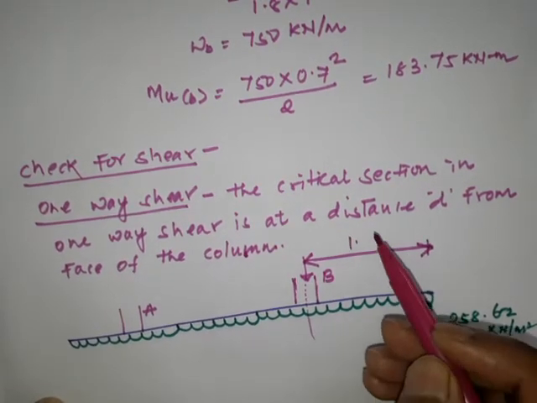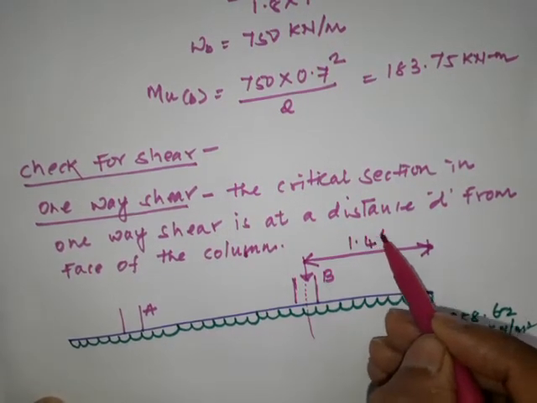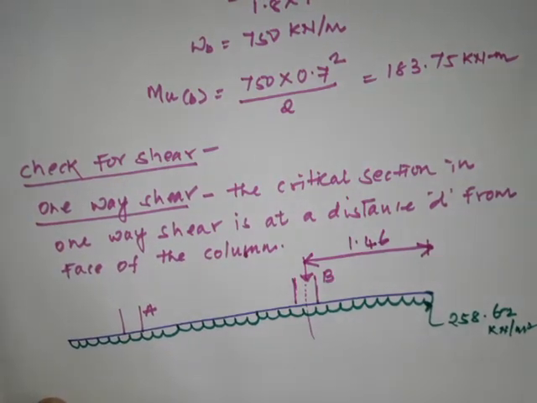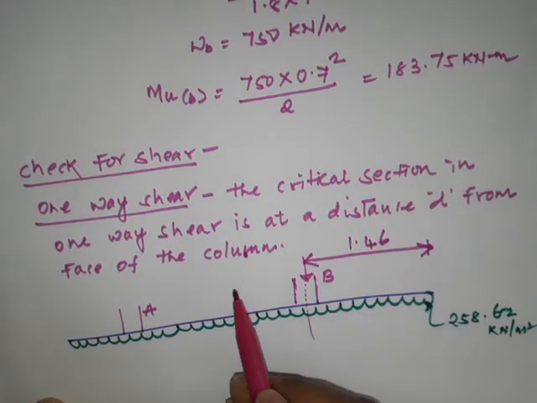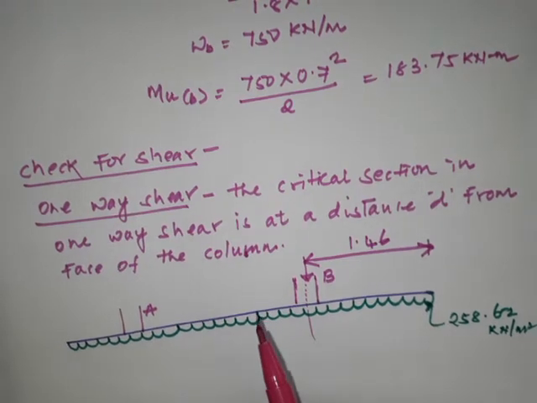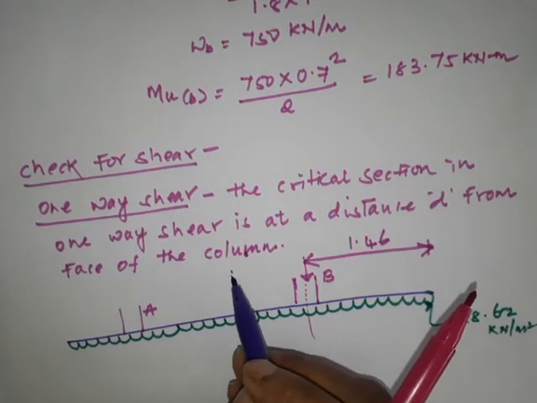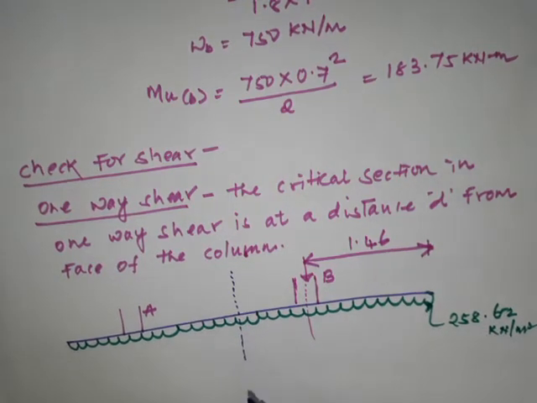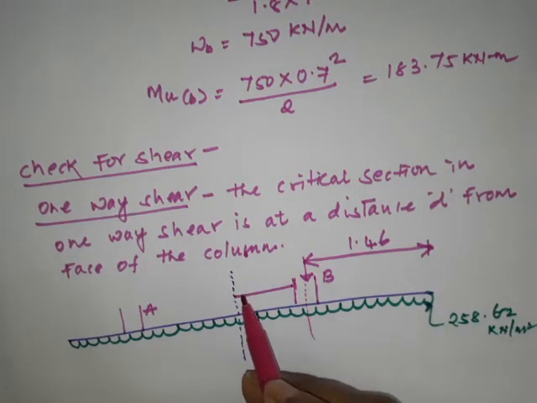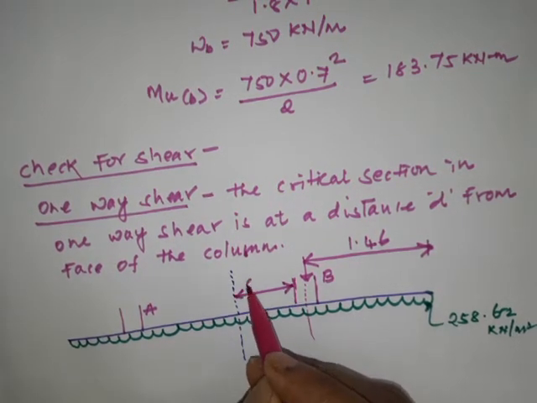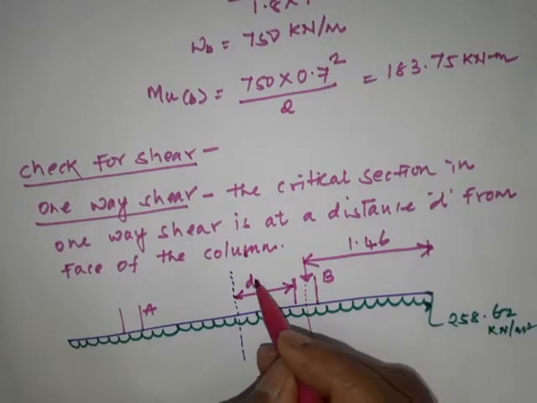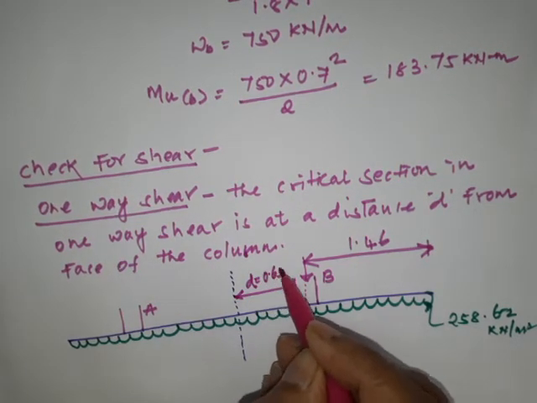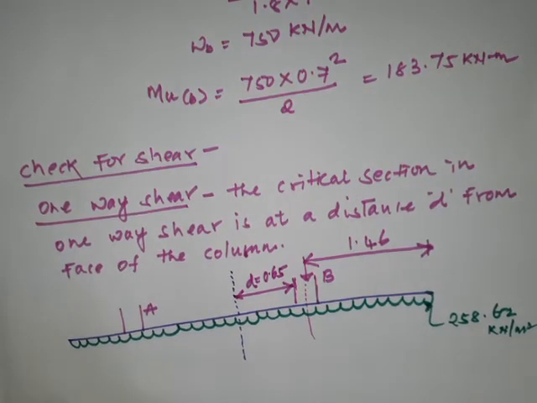is 1.46. The critical section, I'll just consider here, is at a distance d from the face of the column, so this will be d, which is nothing but 0.65, the effective depth d.